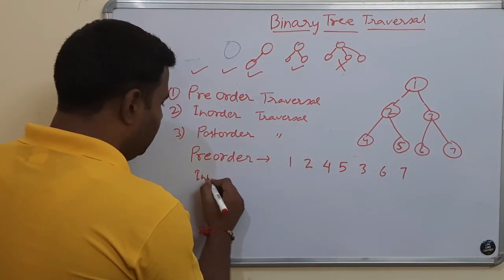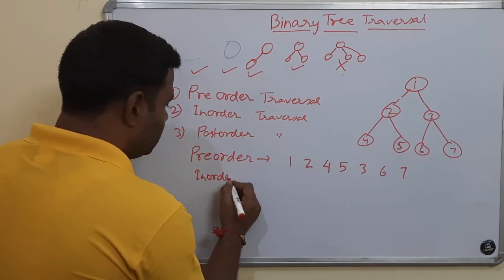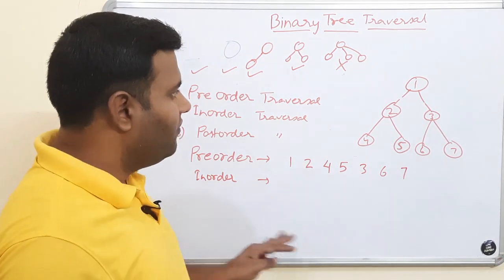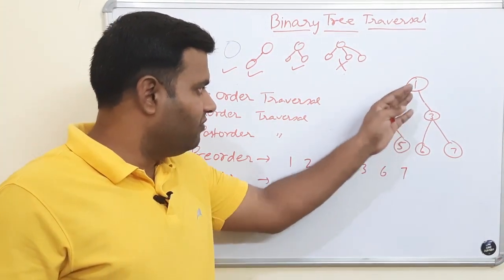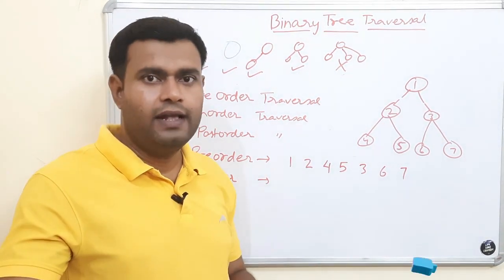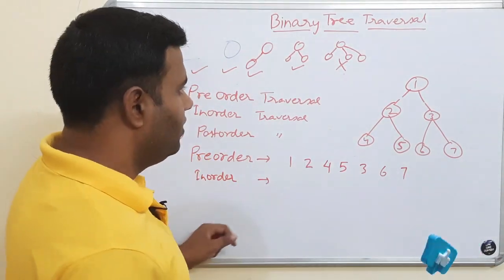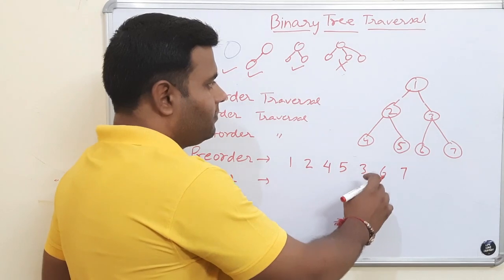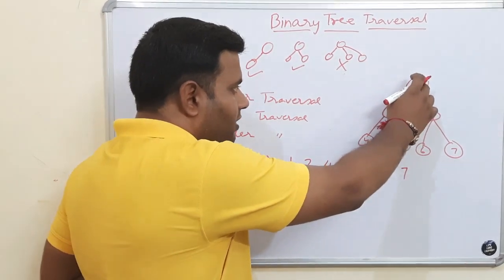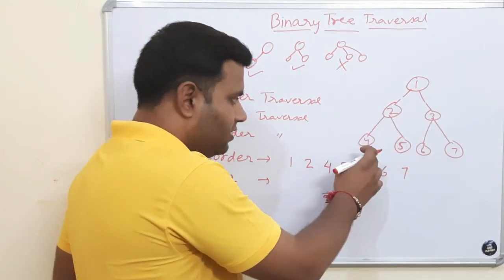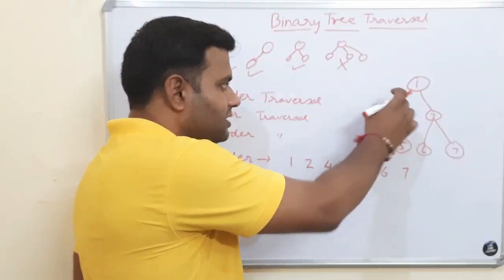Let's see these one by one so that we can compare. In the inorder traversal, what happens? We have to first visit the left child and then the root and then the right child. So in this case, what is the left child? Before writing 1, we have to write this 2, but before writing 2, we have to write 4 because of this subtree.